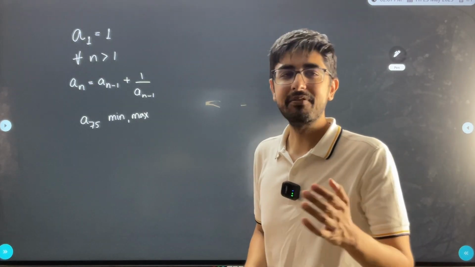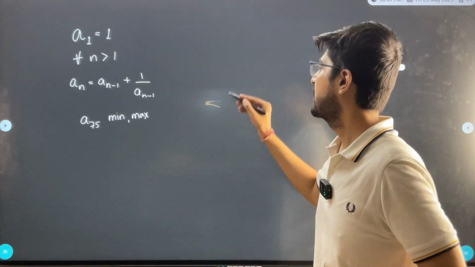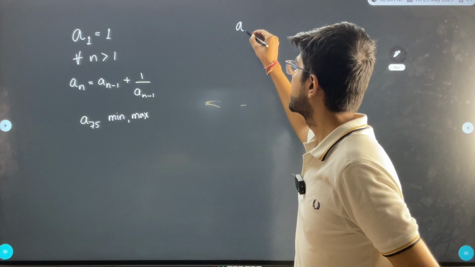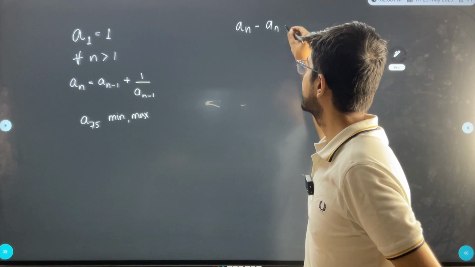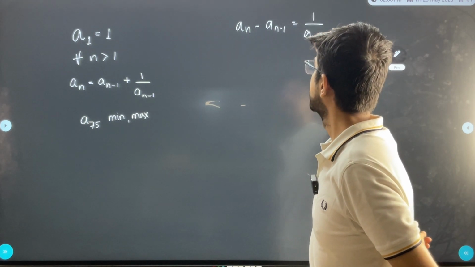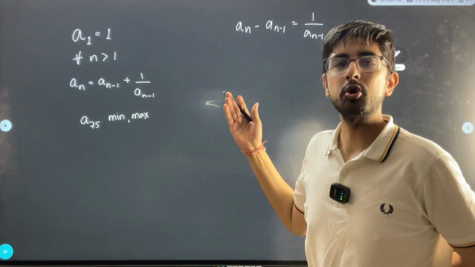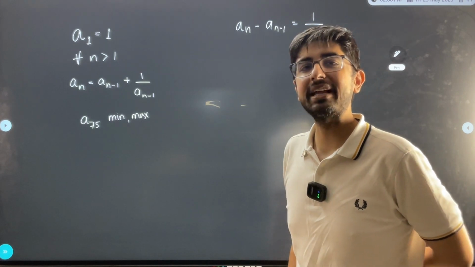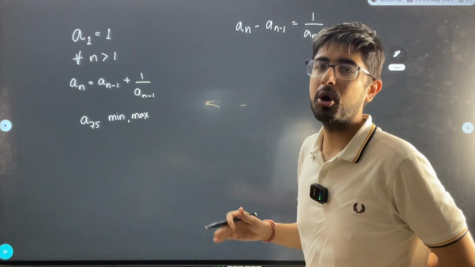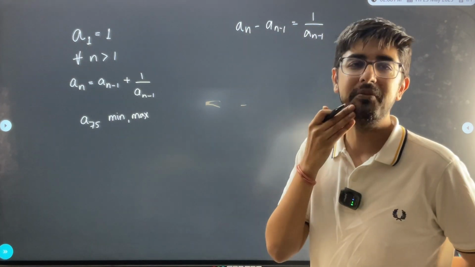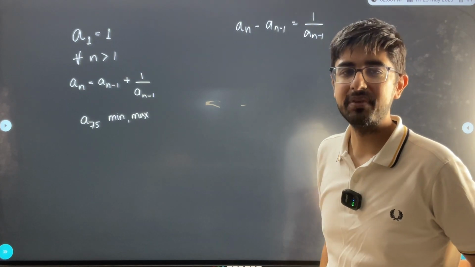Alright, given that you have tried this question, what we can see is that an minus an minus 1 is 1 by an minus 1. So we can write this in the form of a telescopic series starting from a1 going all the way up to a75.